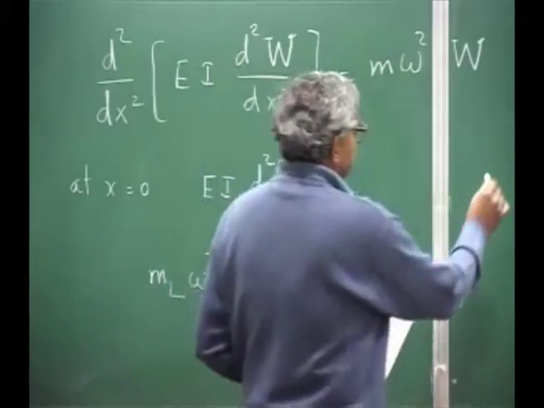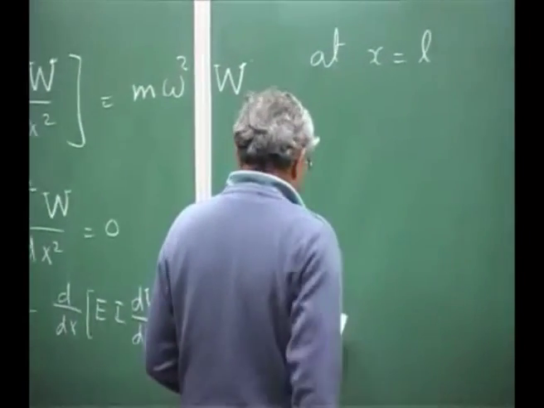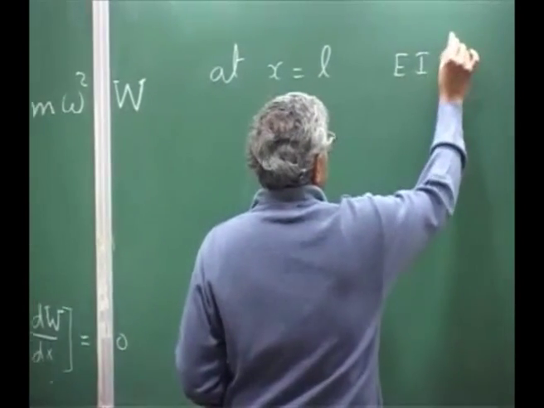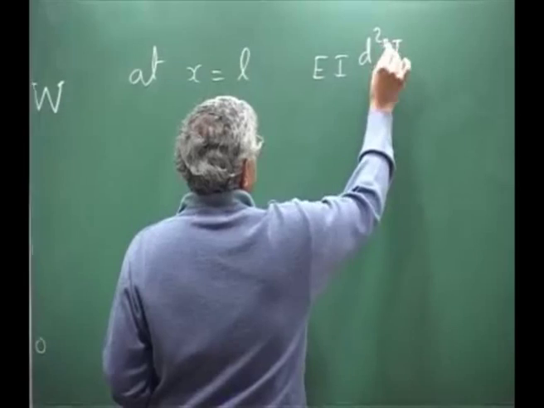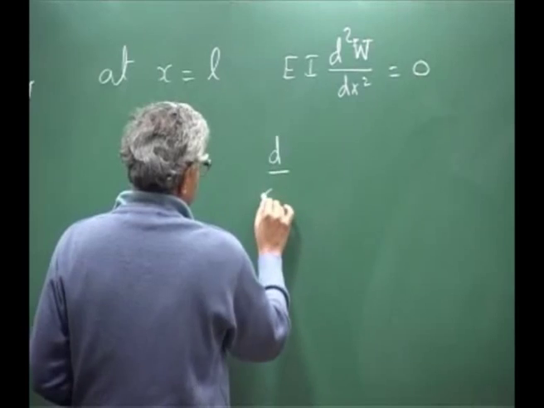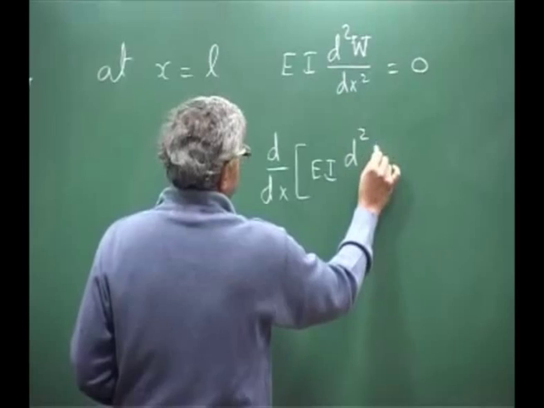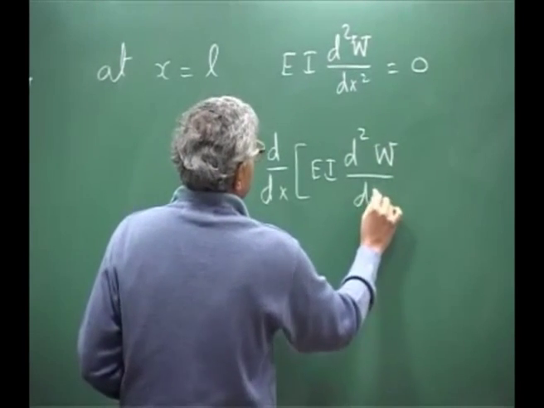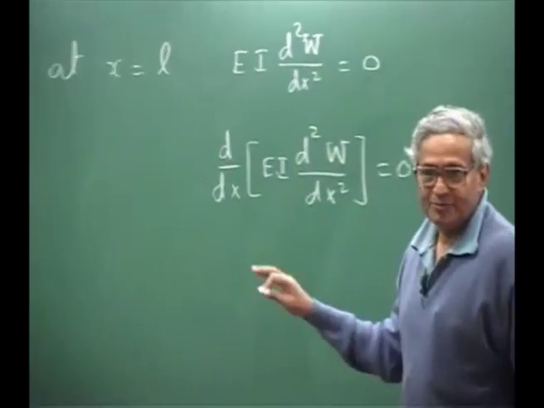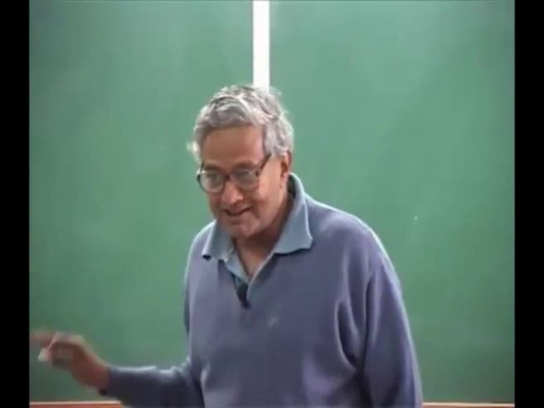And then at x equals L, that is the other end, we had EI d square W by dx square equals 0 and d over dx of EI d²W/dx² equals 0. So these are the four boundary conditions. You got that. So we are continuing from here.